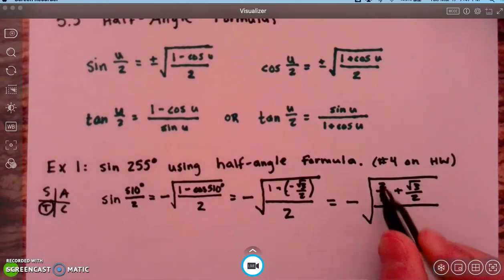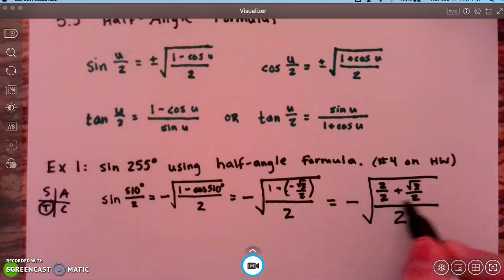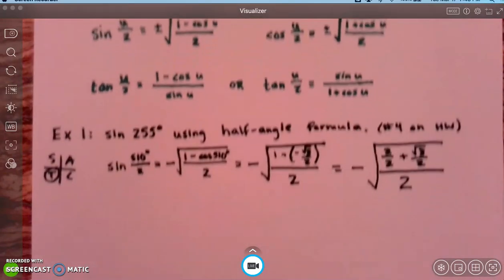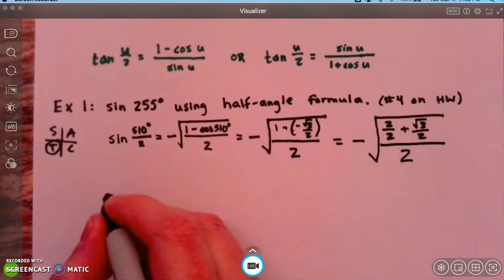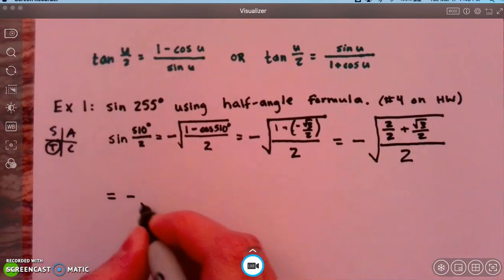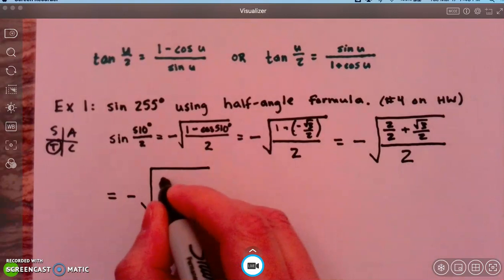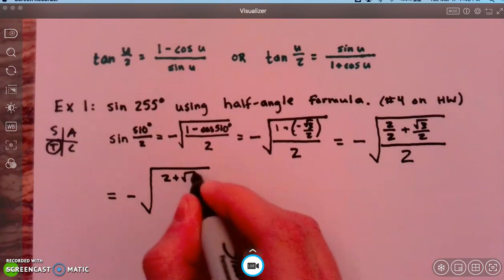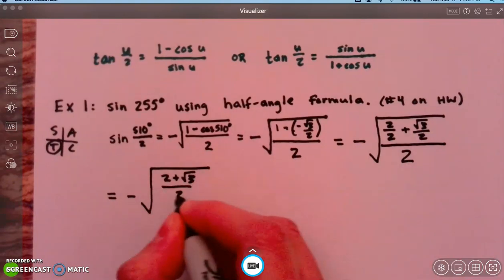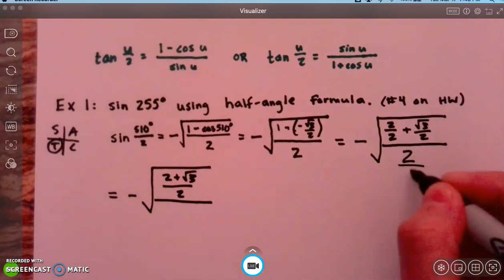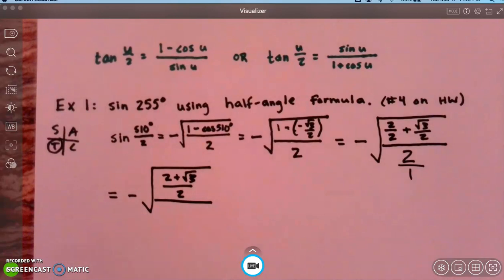Now, the reason that I did 2 over 2 is because now I can combine my numerator. Let's continue down here. 2 over 2 plus radical 3 over 2 is 2 plus radical 3 over 2. And that denominator right here, remember that's over 1. I'm going to outsmart this a little bit.